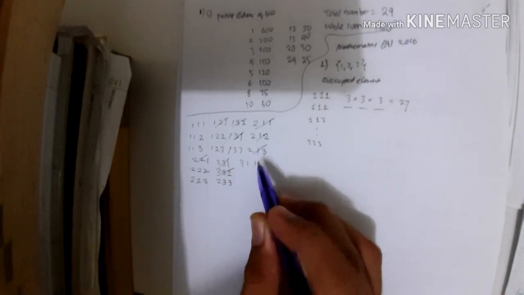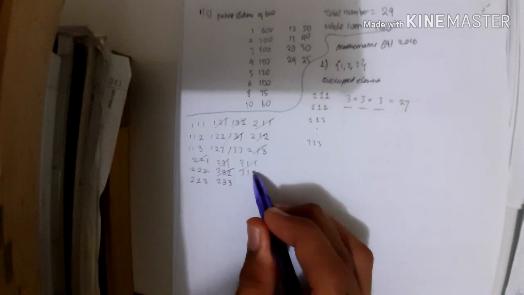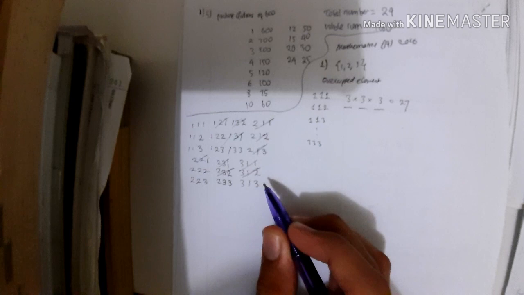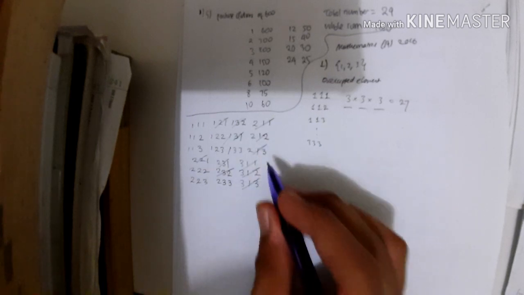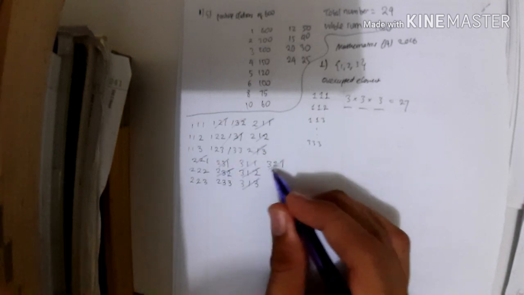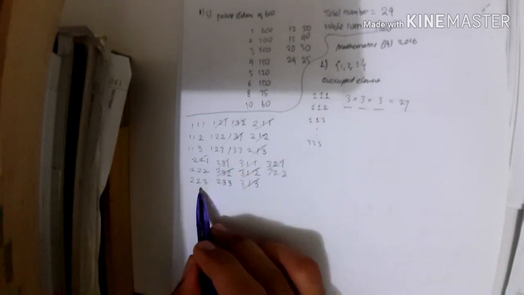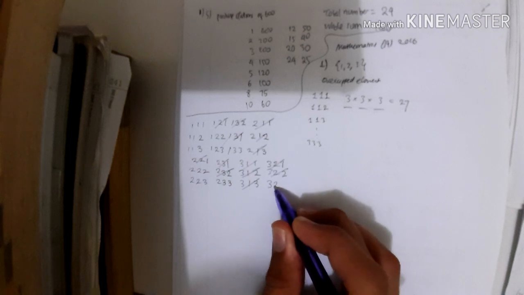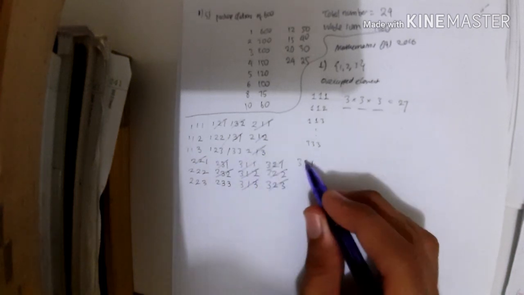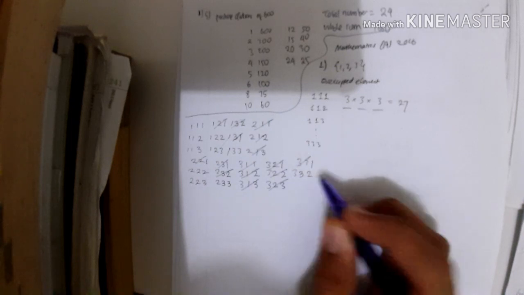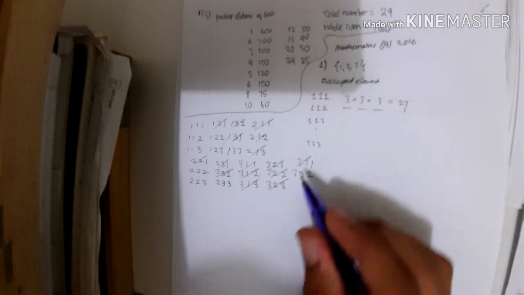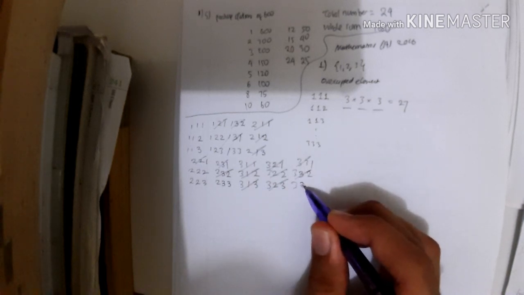Then 311 is the same as 113, 312 is the same as 123, and 313 is the same as 133. 321 is the same as that, 322 is the same as 223, 323 is the same as 233, 331 is the same as 133, 332 is the same as 233, and 333 is possible.